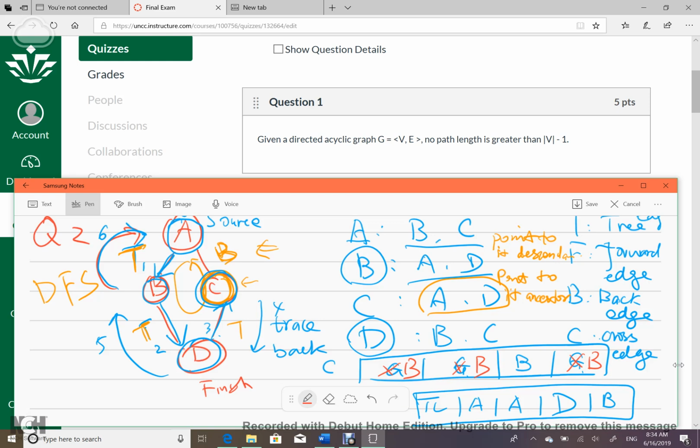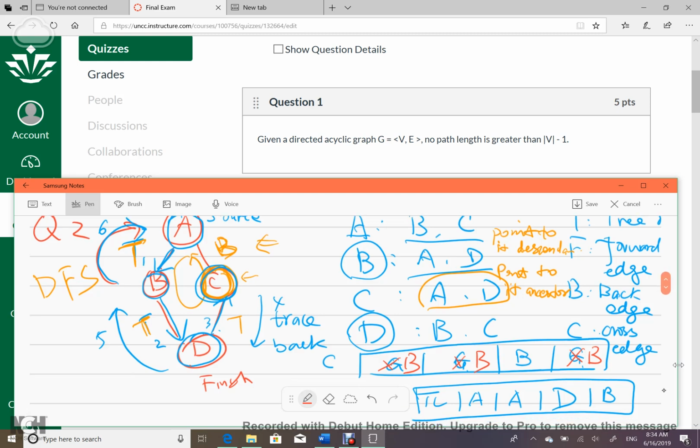Then you follow the adjacent edge and go to the new vertex, until you meet a vertex which has no way to go, then you trace back to the previous vertex, then try to reach as far as you can. Follow the same procedure. And then after that, you trace back. This is a totally recursive procedure.